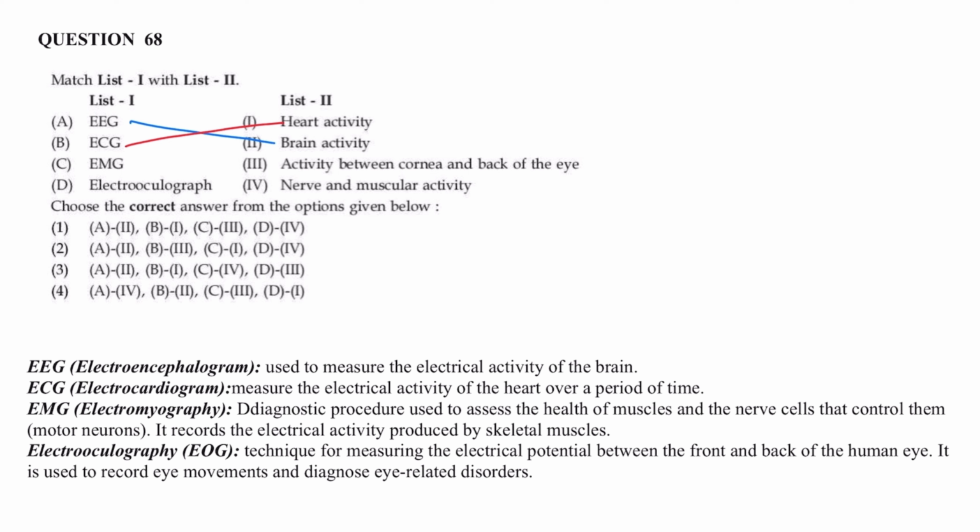So that is EMG, electromyography. Next, electrooculography, EOG. It is a technique for measuring the electrical potential between the front and back of the human eye. So that is activity between the cornea and back of the eye.